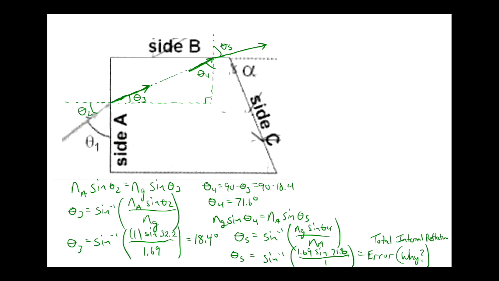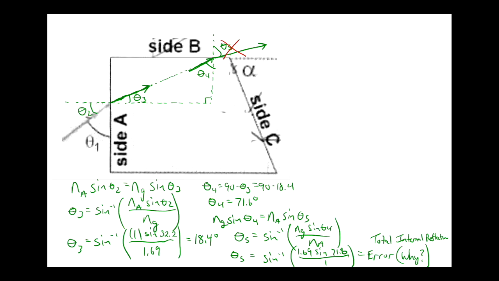Total internal reflection occurred here, which means that this thing that we drew on the outside actually didn't happen. The light does not leave the glass on this side. In fact, all of it just reflects. It bounces off using the law of reflection over to side C, but no light exits. If we were to put our finger outside on that side, we would see nothing pass through, okay?